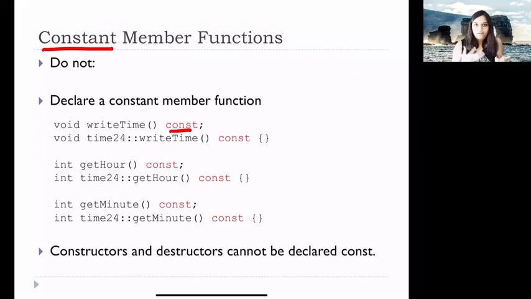According to the characteristic of a constant member function, there is something it's restricted from doing. As the name says, constant, it has to do with something. What does it not do?